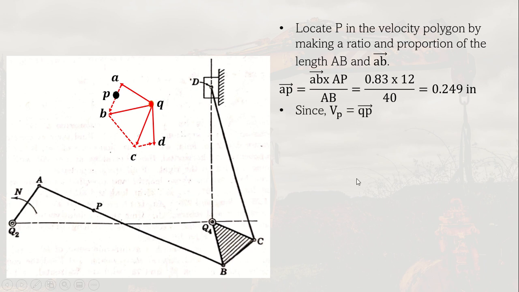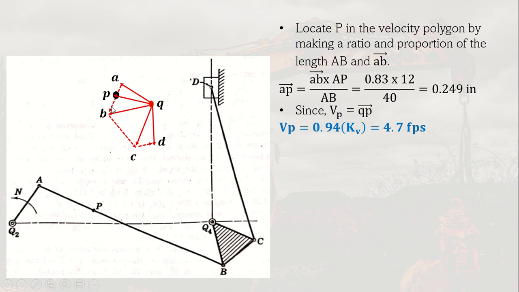So since the velocity of P is QP, then we can get the absolute velocity by drawing an arrow again from the pole to the point P. And then we measure that and multiply with the velocity scale to get the actual magnitude of the velocity at point P, which is another unknown. So that's 4.7 feet per second.